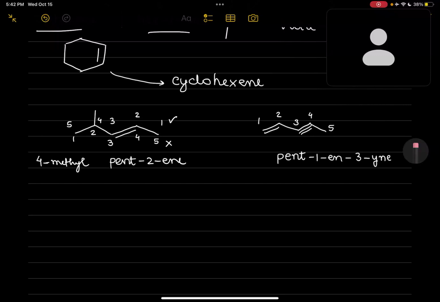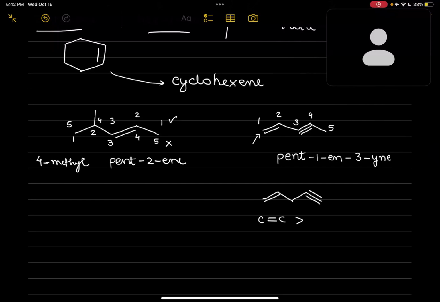Is it clear? But if they are equidistant, then the double bond is chosen. In this case, they are not equidistant. This is closer to the end, so I started numbering from this side. But if they are at equal distance, then I choose double bond over triple bond.